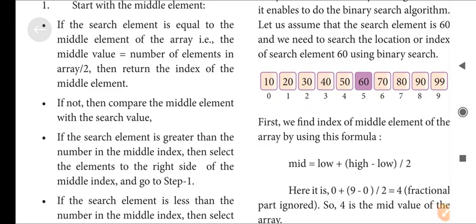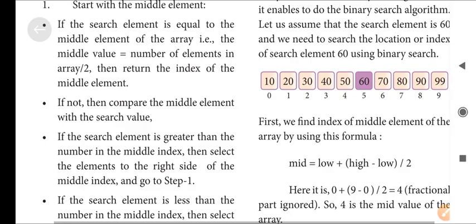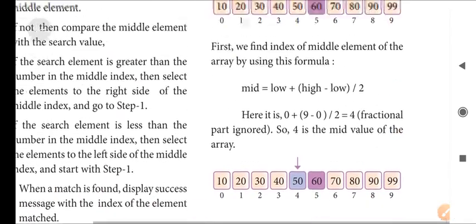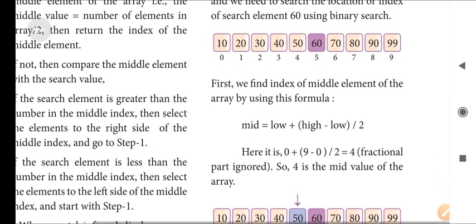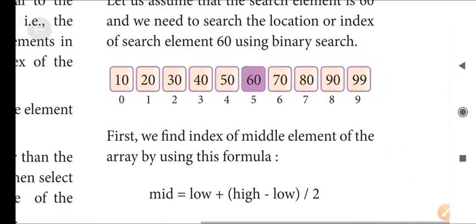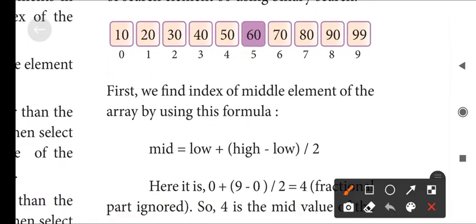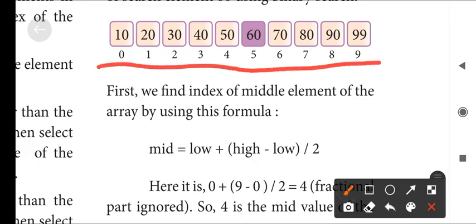Let us see the example of the binary search working principle. Consider this example: 10, 20, 30, 40, 50, 60, 70, 80, 90, 99.